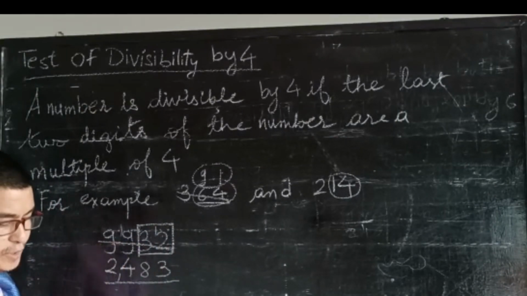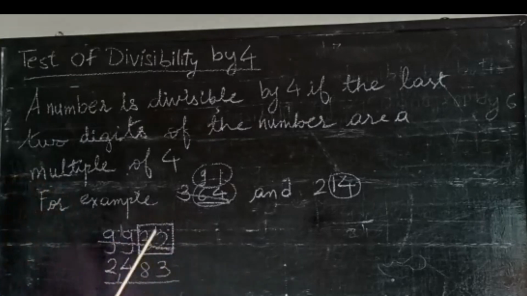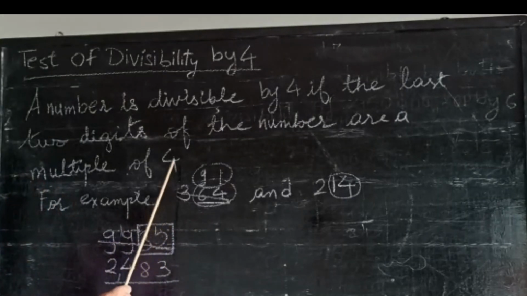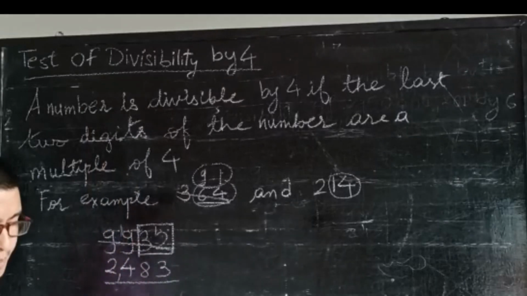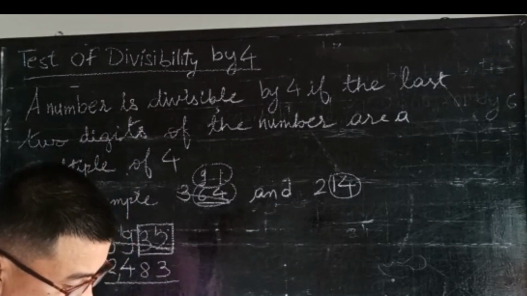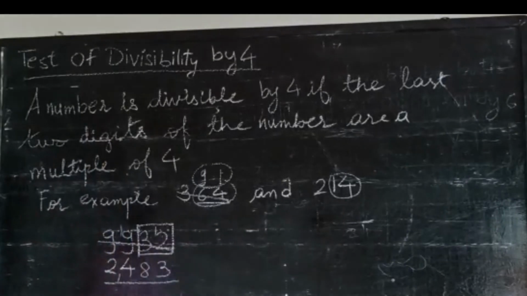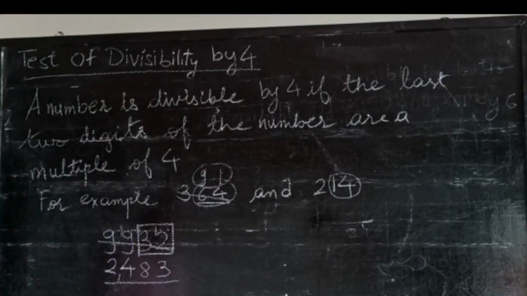So we know that if the last two digits are a multiple of 4, a number can be divided by 4. So you better keep this in mind and try to remember the test of divisibility of 6 and 4. We'll continue with other topics in the coming days.